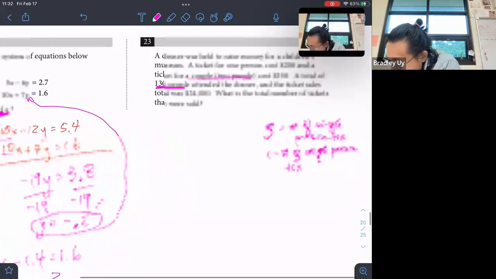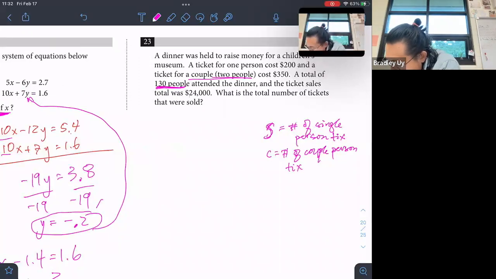So let's start making some equations. One equation will have to do with money. And so let's make that equation. That would be 200S. That's how the tickets for one person, okay? If I sell one single person ticket, I'll make $200. If I sell 2 single person tickets, I'll make $400, okay?